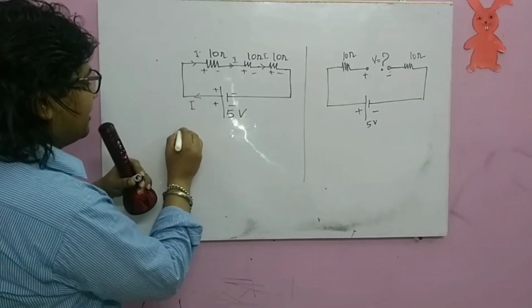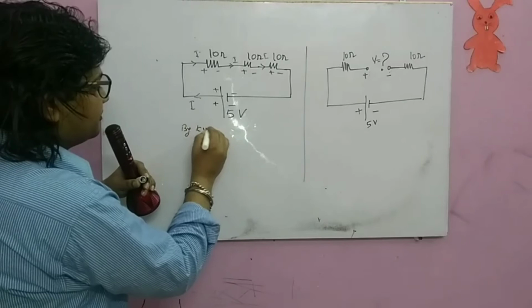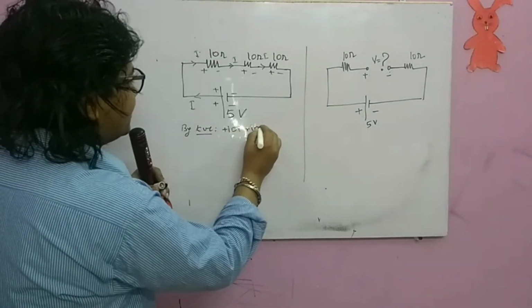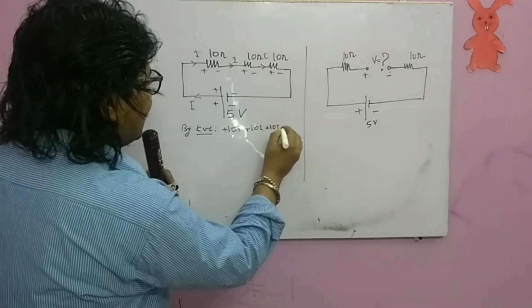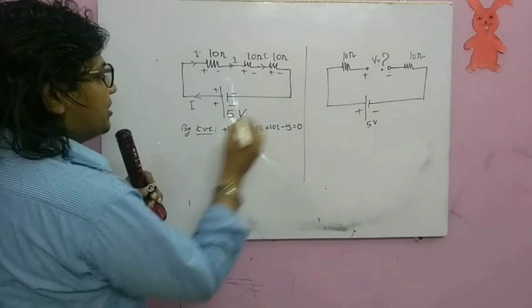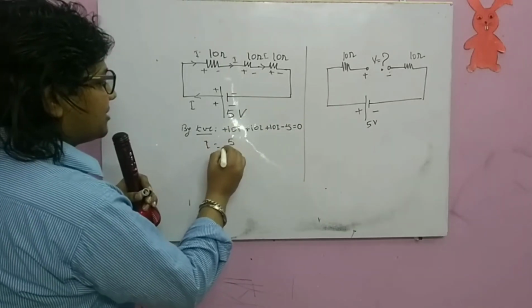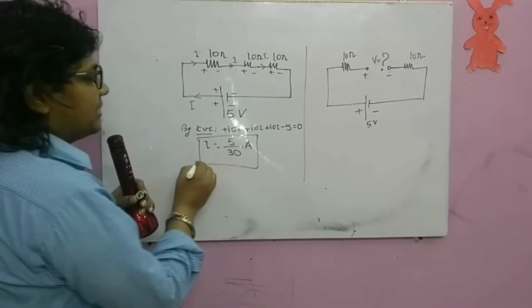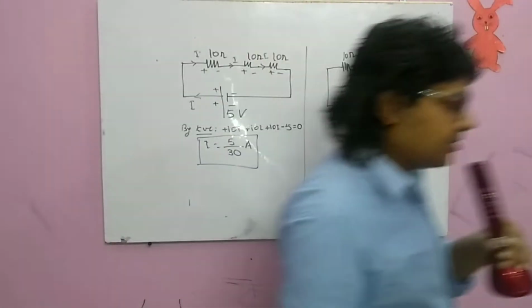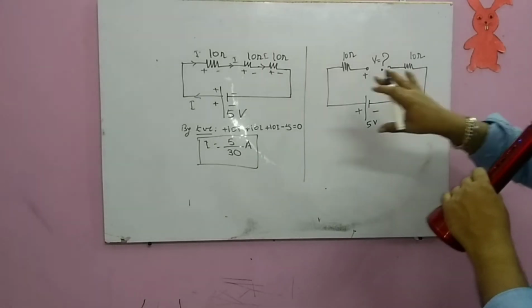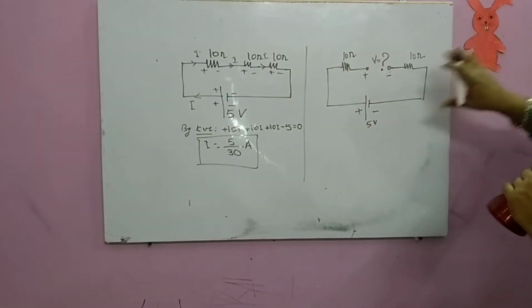So what can we write by KVL? 10I plus 10I plus 10I minus 5 is equal to 0. So I is equal to 5 by 30 ampere. This is your answer in the normal condition. But what is happening here? You are removing any one of the resistors.